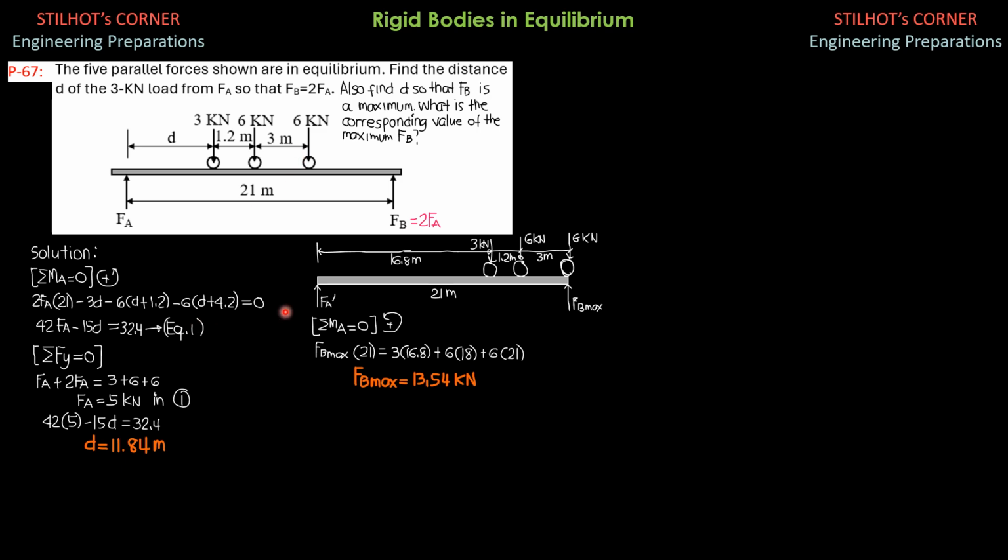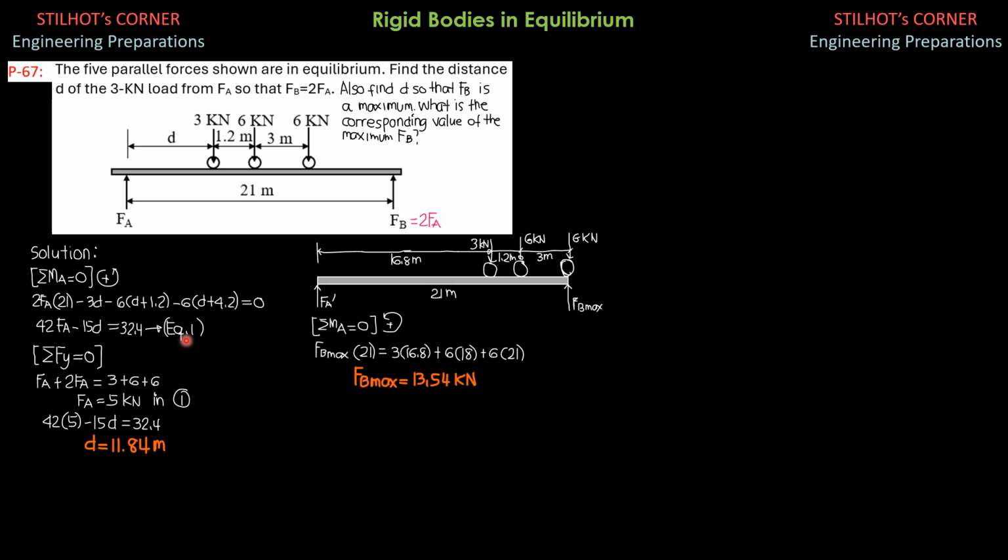So simplifying this equation, we have 42FA, then negative 3D minus 6D minus 6D, that's negative 15D, and negative 6 times 1.2 minus 6 times 4.2 would be negative, to the right, then we have positive 32.4.